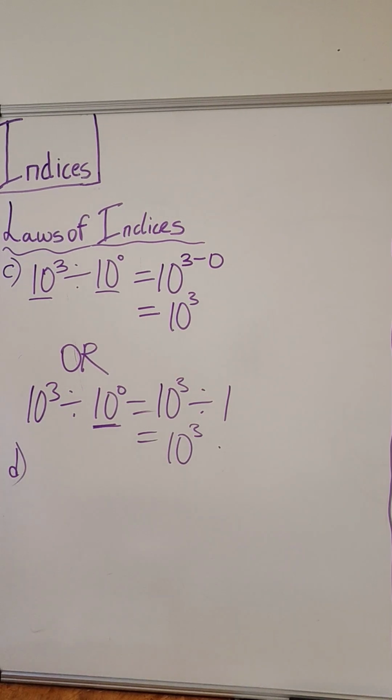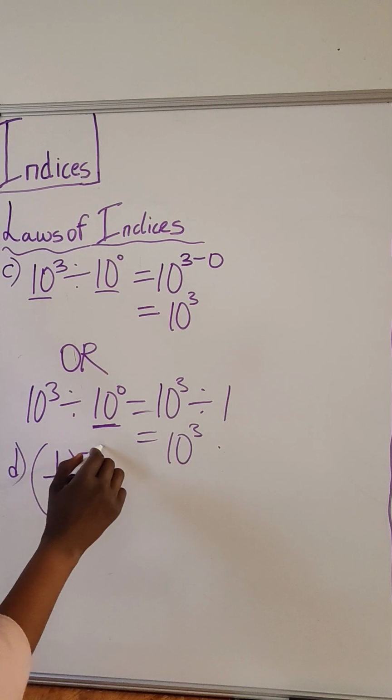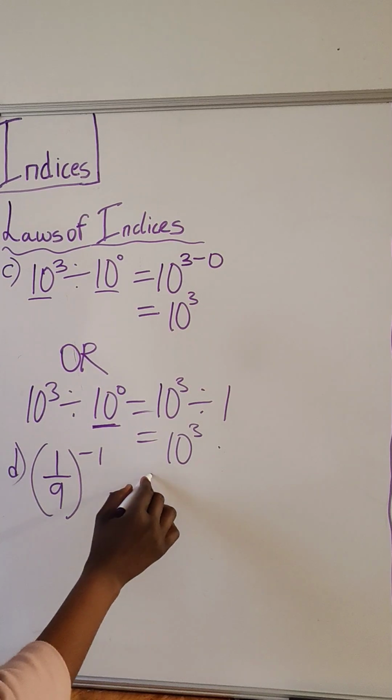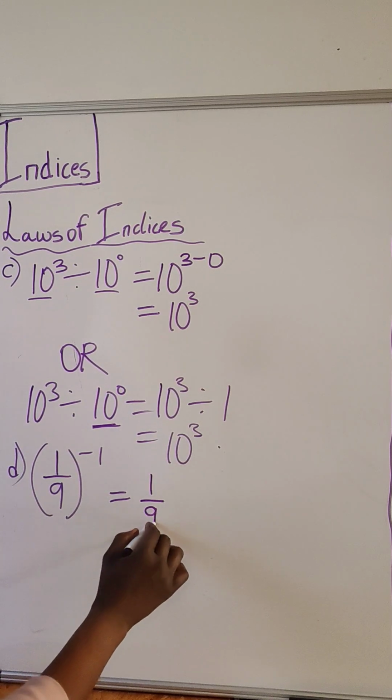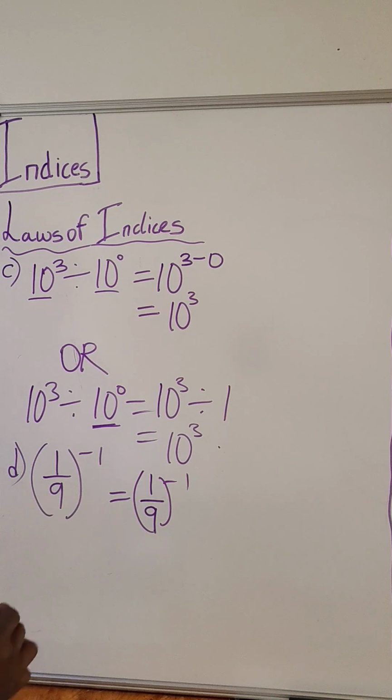Now the fourth one, which is the letter D example, is 1 divided by 9 all raised to power minus 1. And this is the one in which we're going to use the negative powers law, because the power here is a negative number. So I want us to do it this way: 1 over 9 raised to minus 1.